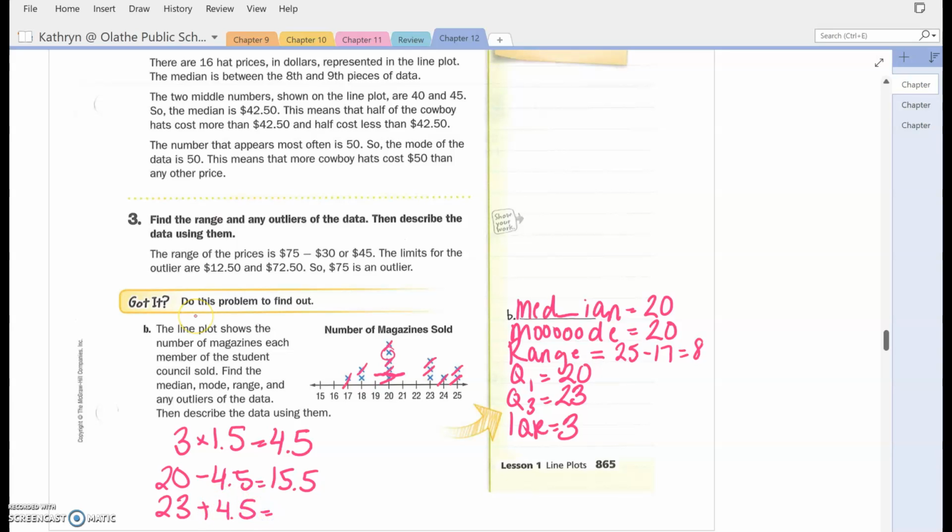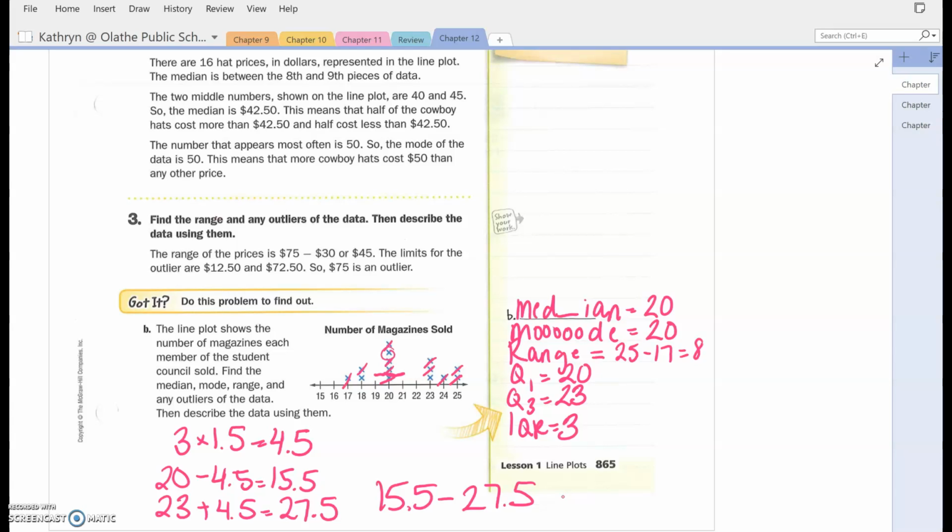So 23 plus 4.5 equals 27.5. So now, for there not to be an outlier, my numbers need to be between 15.5 and 27.5.